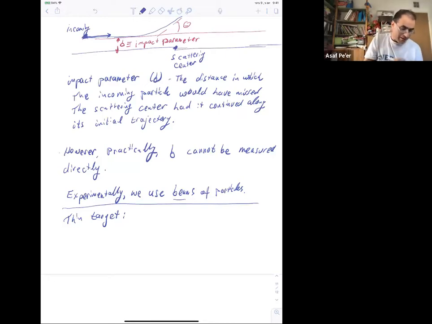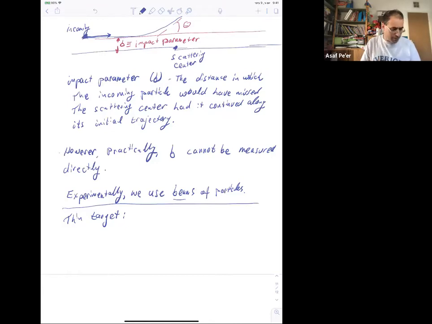So a thin target is a target in which the particle undergoes an interaction on the average with a single atom at most. Mathematically, that means that we can neglect the probability of a particle to undergo more than a single interaction.